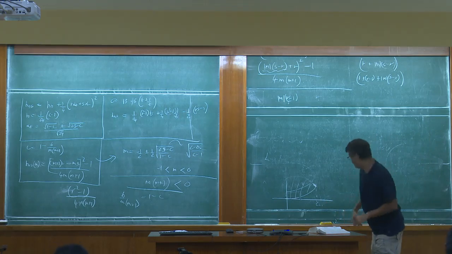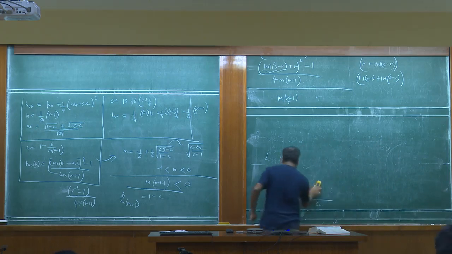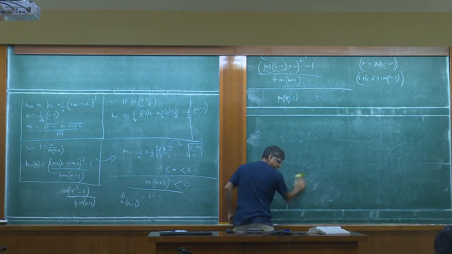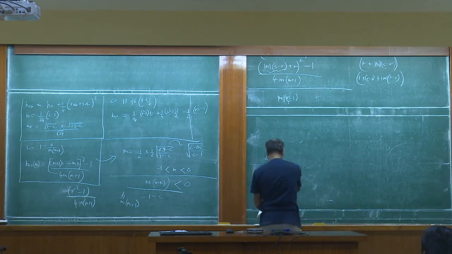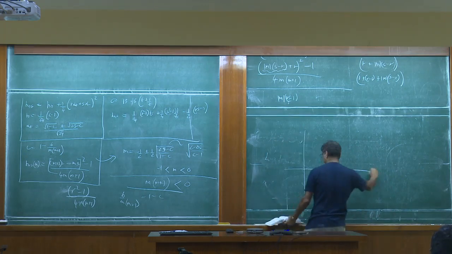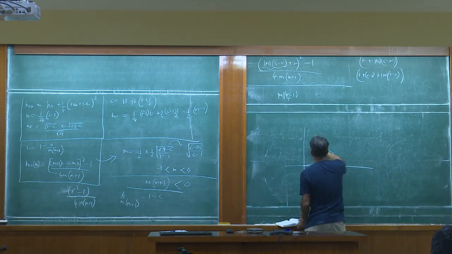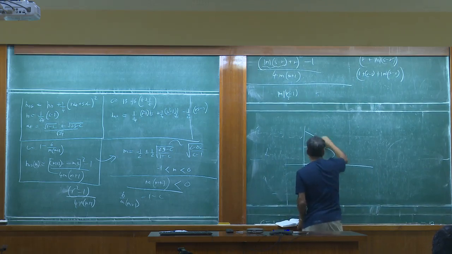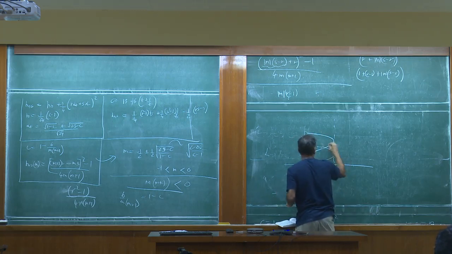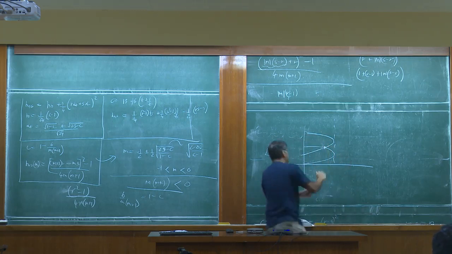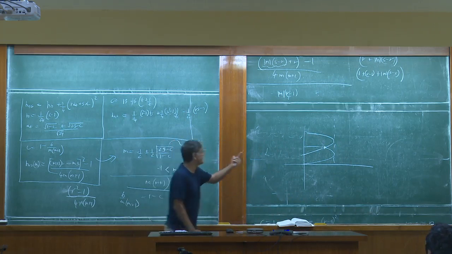Let's look at level 3 and look at this diagram. There's this guy, and there's this guy. I'm not drawing it well, because both hit C equals 1. This is one of these points that are first intersections.